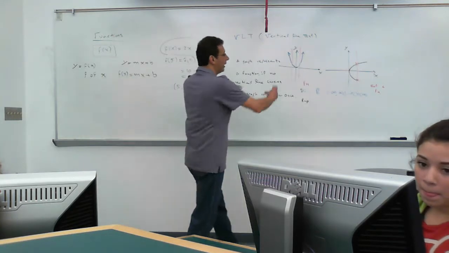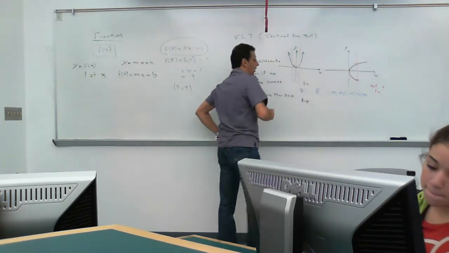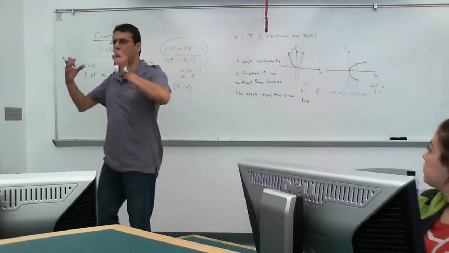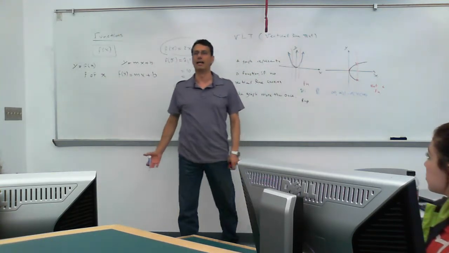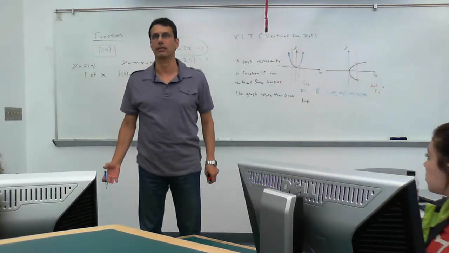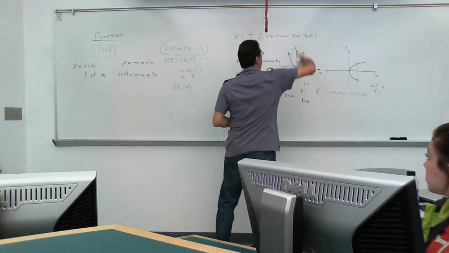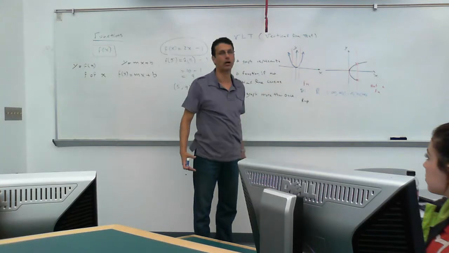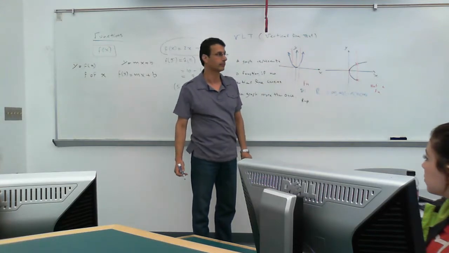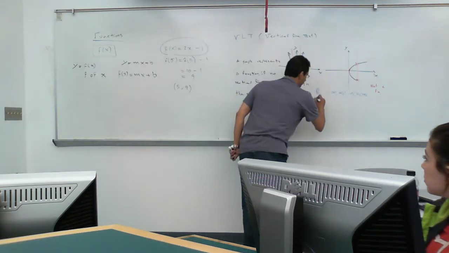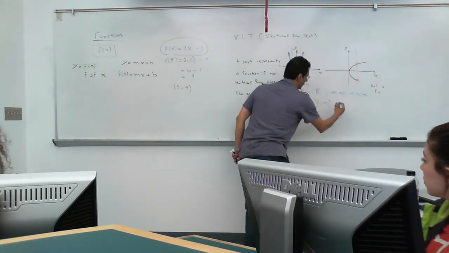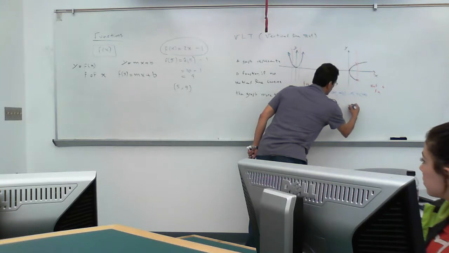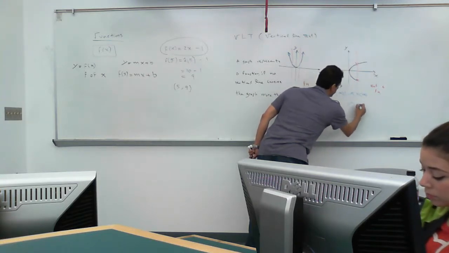Now, again, imagine you're breaking it along the x-axis. That's your domain. Now, take a look at it and now break it along the vertical axis, the y-axis. Which portion of the y-axis will it cover? Which means 0 to infinity, or you would say y is larger than or equal to 0.